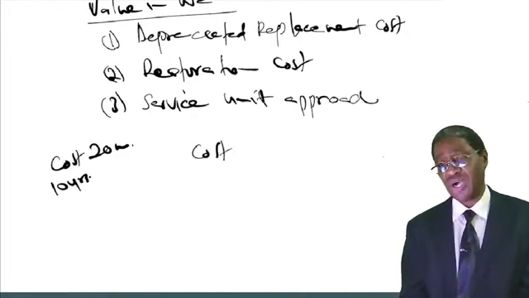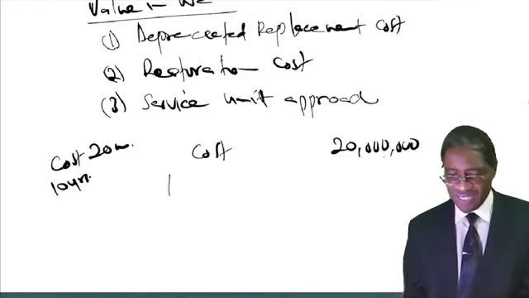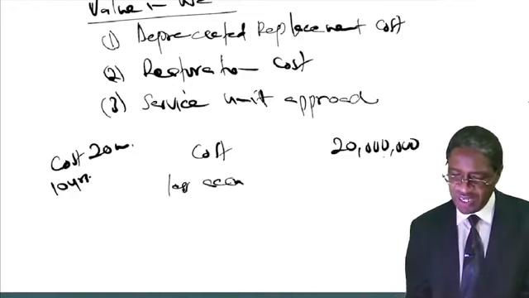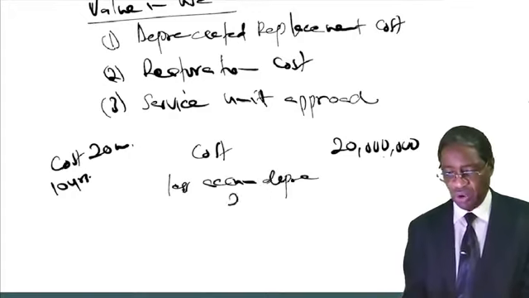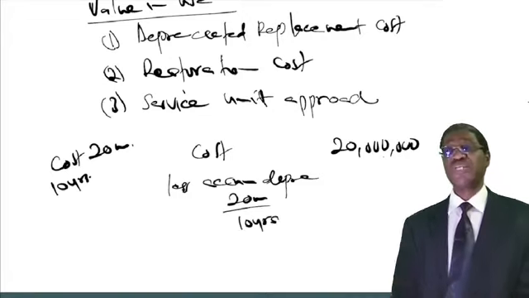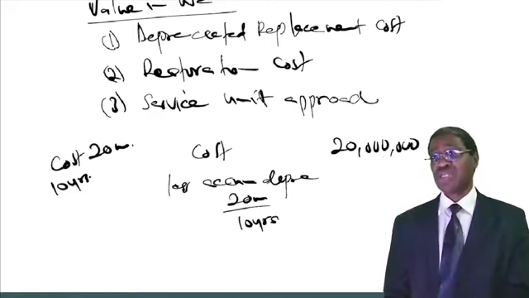So first, what is the carrying amount? Of course, you will take the cost, which is 20 million, less the accumulated depreciation, just like a normal asset. The cost being 20 million, we divide that by the useful life of 10 years. That gives the depreciation charge per annum of 2 million.